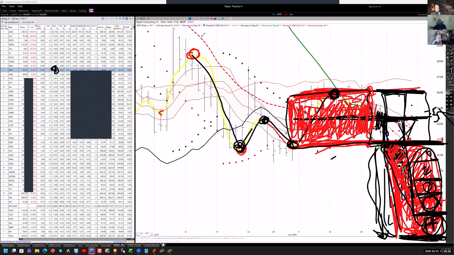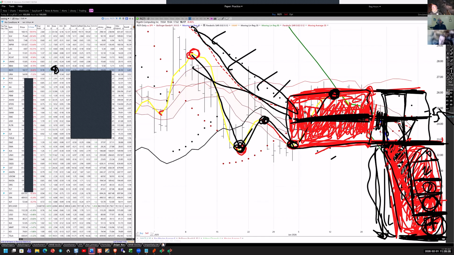And once again, on the daily chart, just like elsewhere, that SMA 30 gives me the market direction. SMA 30 got flat here in the middle. SMA 30 is flat here. SMA 30 is diagonal down here.